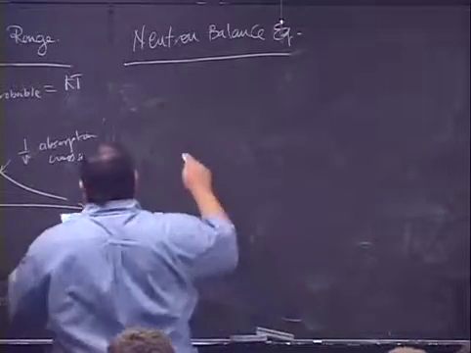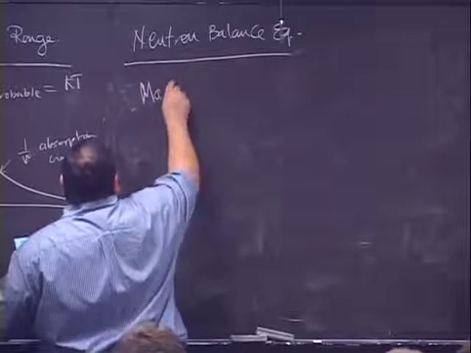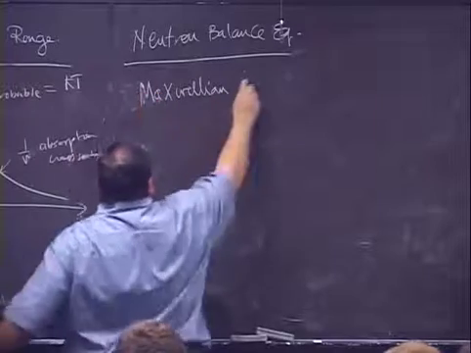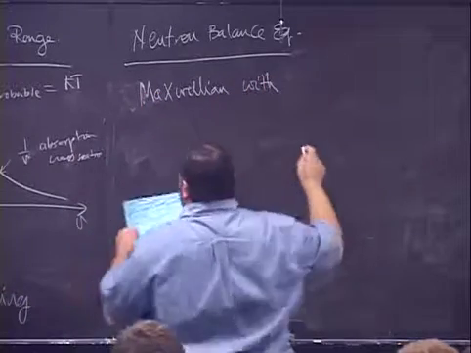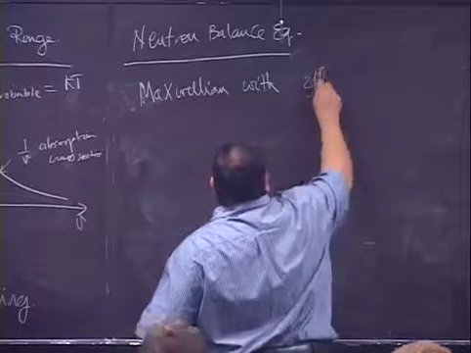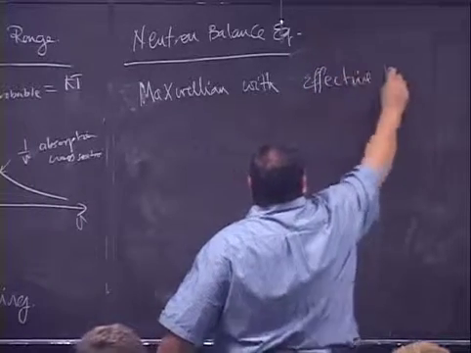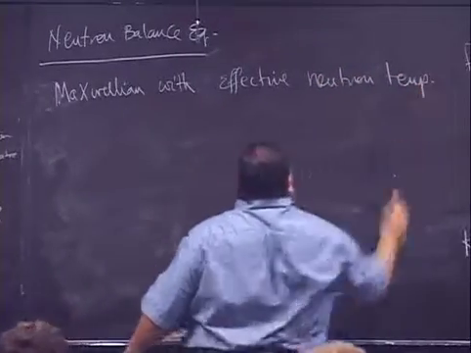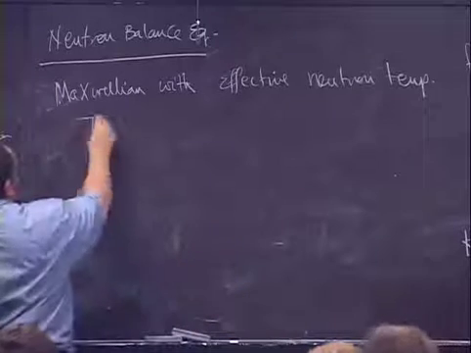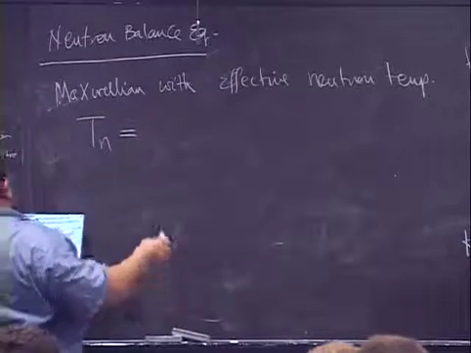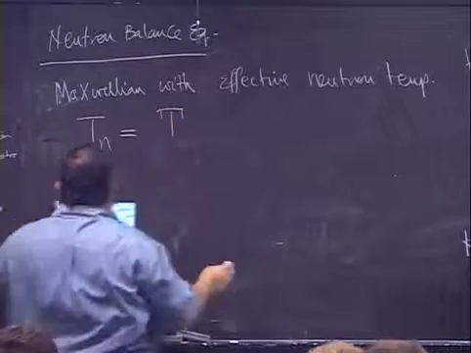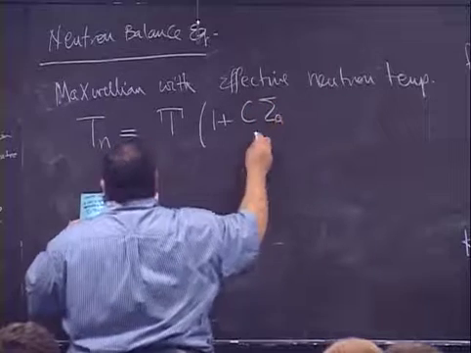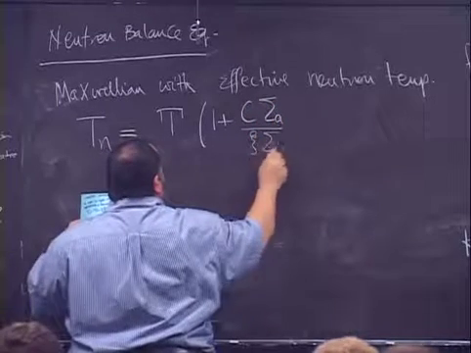So this is called a Maxwellian with effective neutron temperature. And the effective neutron temperature, Tn, is just equal to T multiplied by 1 plus C multiplied by sigma absorption divided by Xc multiplied by sigma scattering.